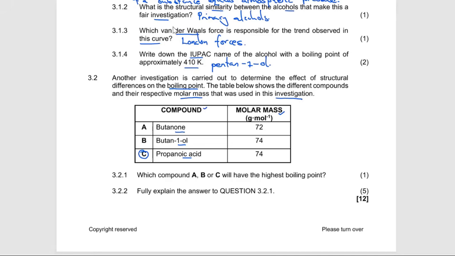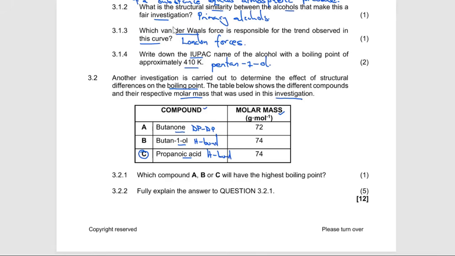Butanone is a ketone, so it's going to have dipole forces. Then butan-1-ol is an alcohol, so we are going to have hydrogen bonds. And propanoic acid is also going to have hydrogen bonds.